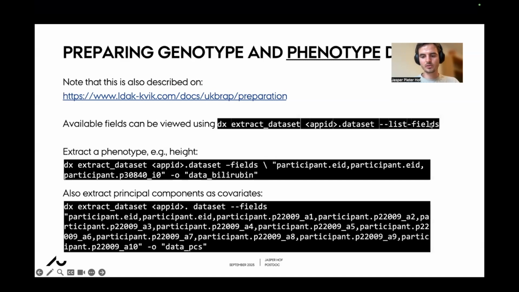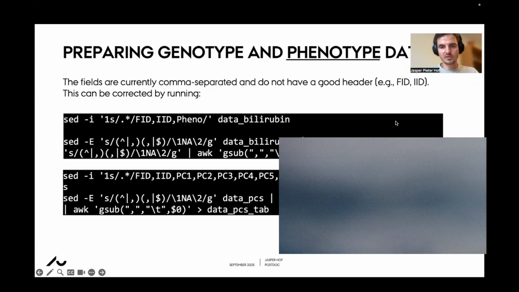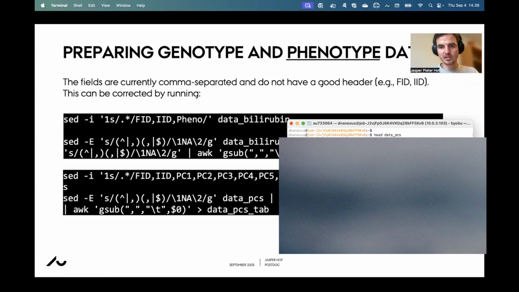So we would first have to clean these data to make sure it's in the right format. And we also need to change the headers. For example, as we've seen before, the participant IDs have a wrong header that starts with participant, and likewise for the principal components.